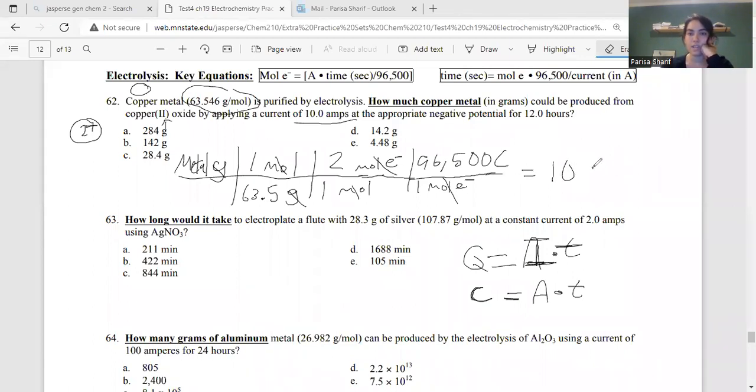So 10 times, and then we'll do a little small dimensional analysis here where we put hours, where 1 hour is 60 minutes and 1 minute is 60 seconds. And now we have it in seconds, which is what you need. It must be in seconds. And now we can solve for this like algebra.